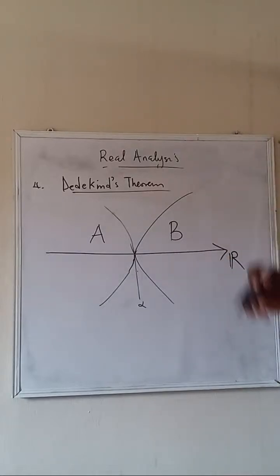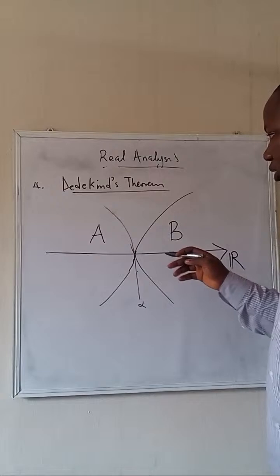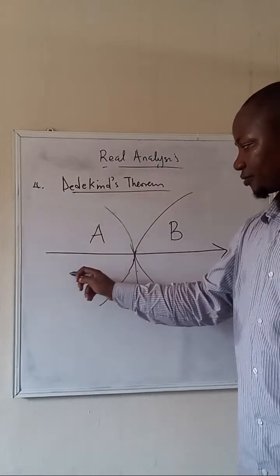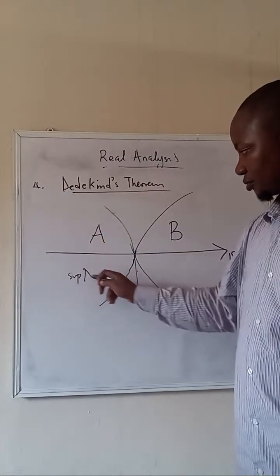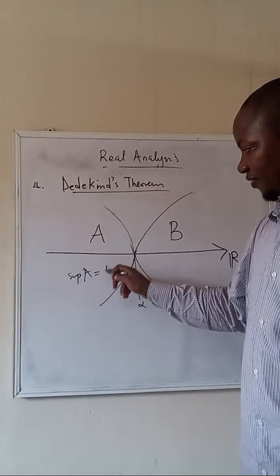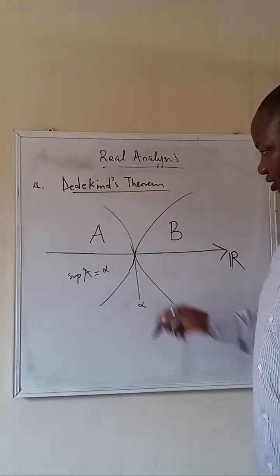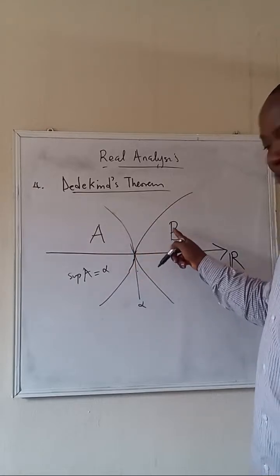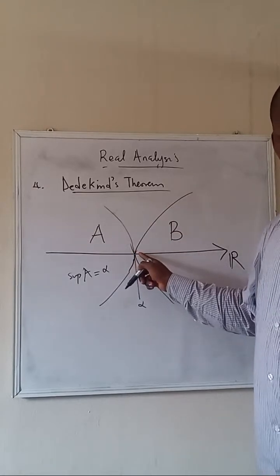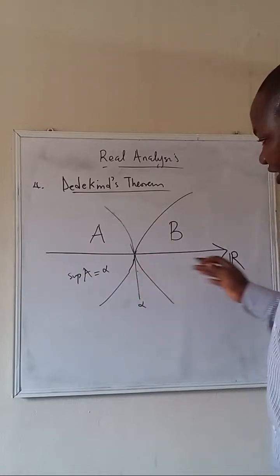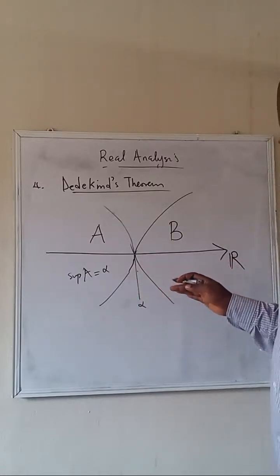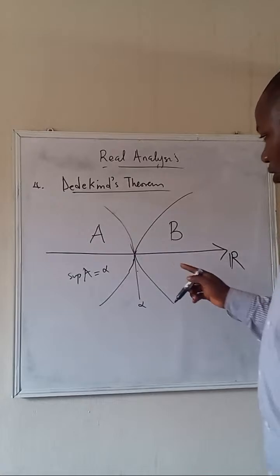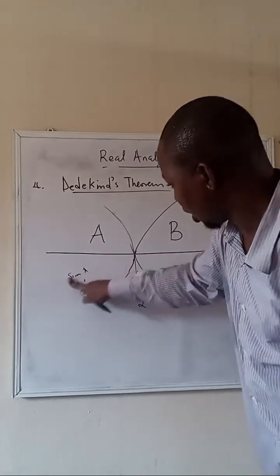So if I say the supremum of A here, the sup of A is alpha, isn't it? The supremum of A is this point, while the infimum of B is also this point. It means both of them share something.